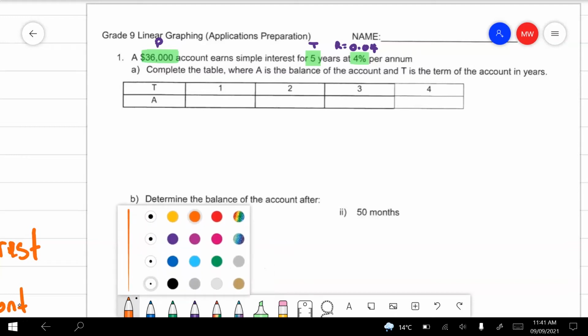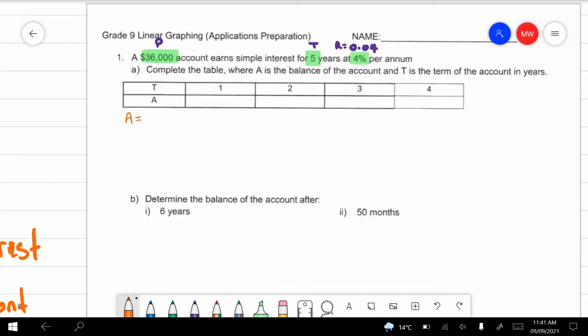So we'll use our formula for account balance. So the account balance is going to be the principal amount plus the interest that's accrued. So we'll start subbing in our account balance. If our principal was 36,000 plus the 36,000 multiplied by the rate multiplied by 1, and I'm choosing 1 because it's for year 1.